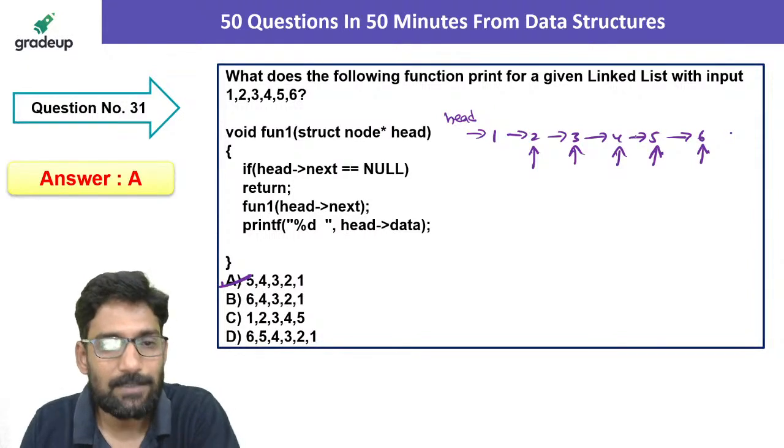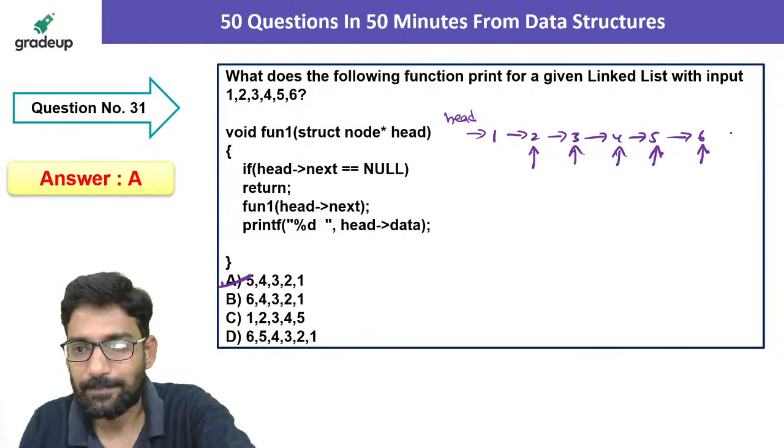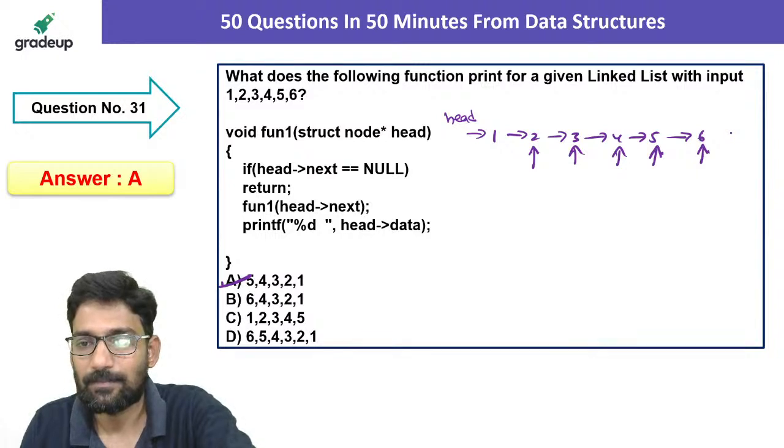I think the answer should be option D, right? Head, this is head, head next is null. 5, head next is 6, head next is null.